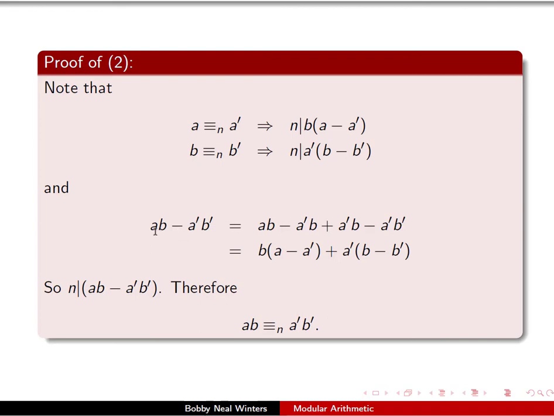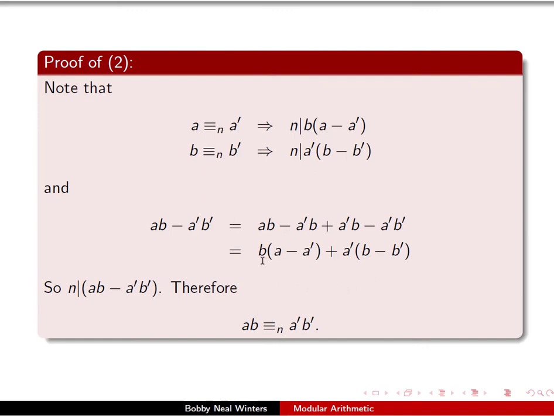Okay, so now let's take the difference between ab and a prime b prime. Well, I add a 0 there, which means I subtract a prime b and then add a prime b back. So I've just added a 0. I can then factor a b out of the first pair and factor an a prime out of the second pair.